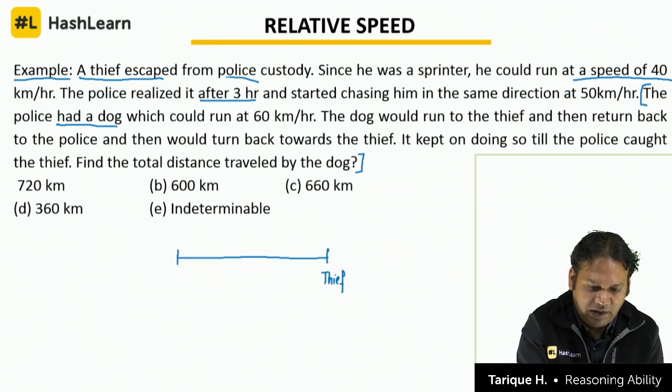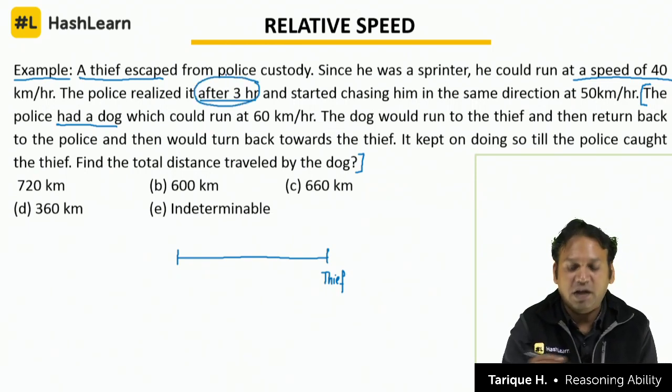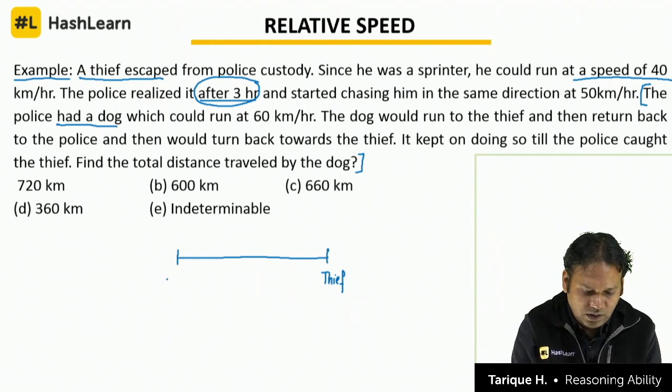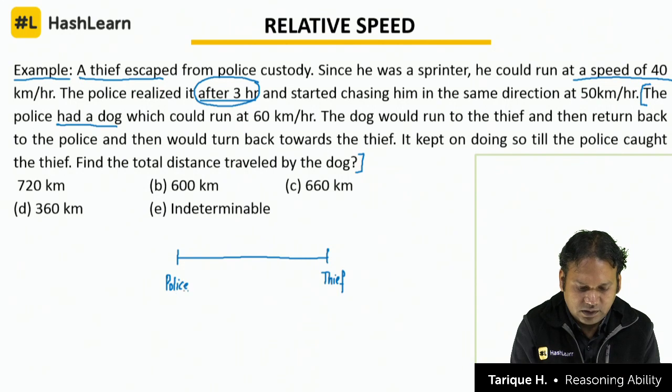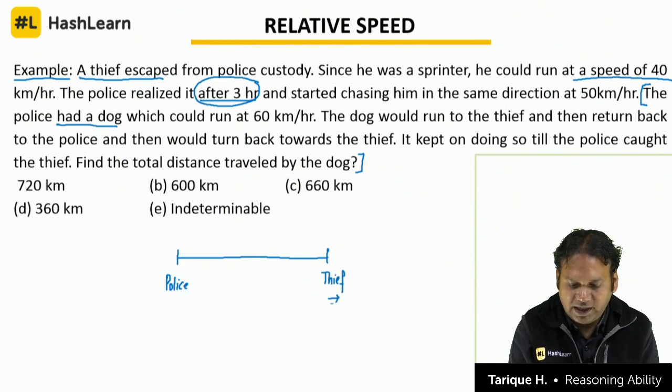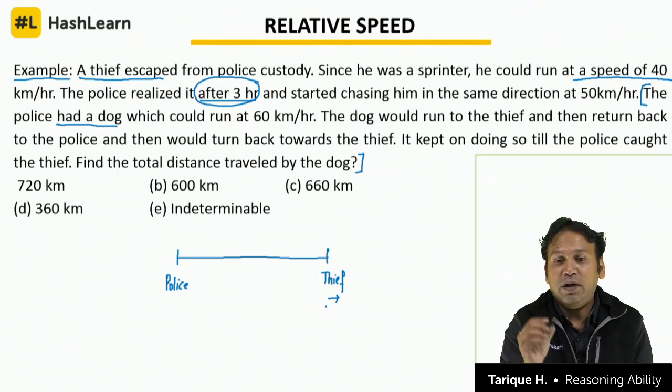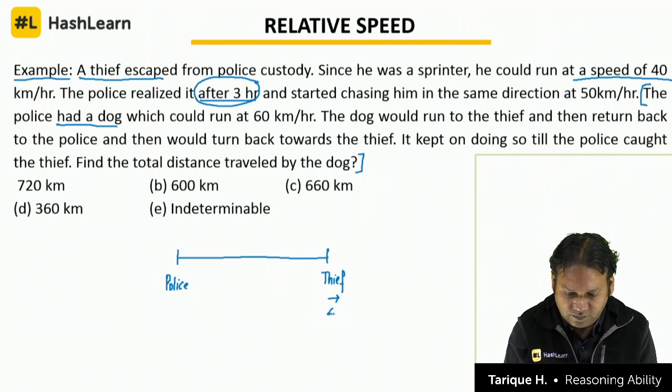And how much time advantage the thief had got? 3 hours. So in 3 hours what will be the gap? You understand this? What will be the gap between the police and the thief? पहले ये निकाल लेते हैं हम लोग. गैप क्या है?